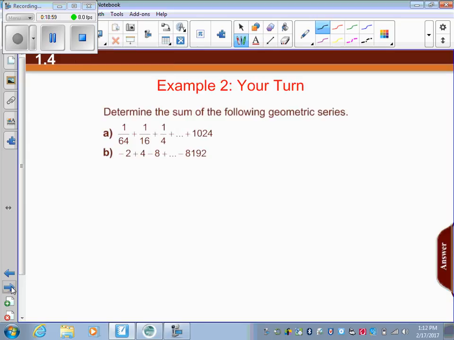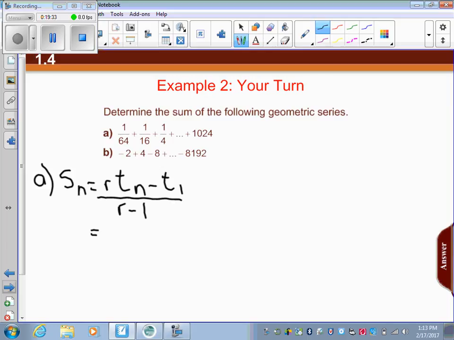Okay. Pause the video here and you can try that one on your own. And we'll solve it. So we don't know the number of terms, so we're using this formula. Before we can do anything, we need to figure out our R on this first one.